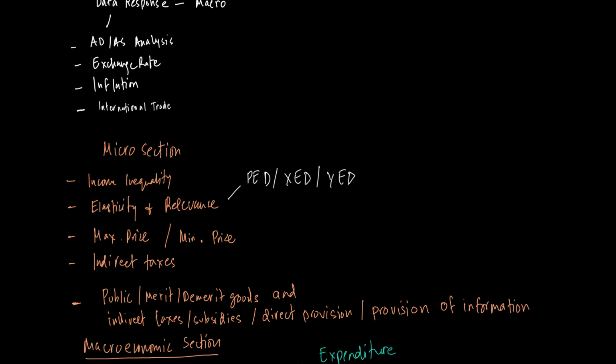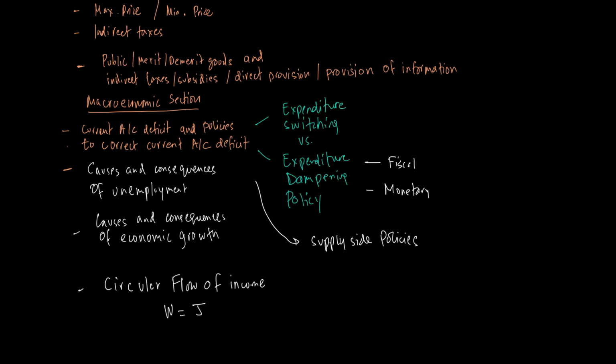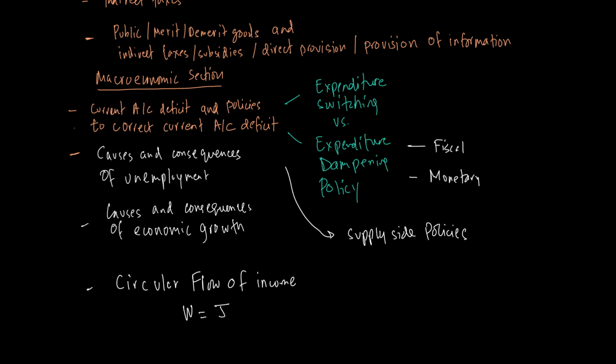Now, when we look at macro, guys, my prediction is based on the topics that are added and not heavily tested in A2, so they become important AS topics. That is your current account deficit and policies.